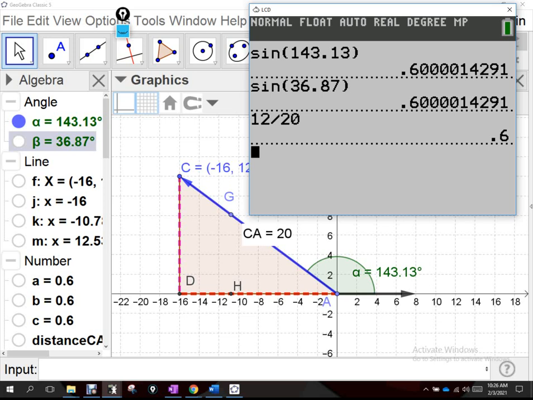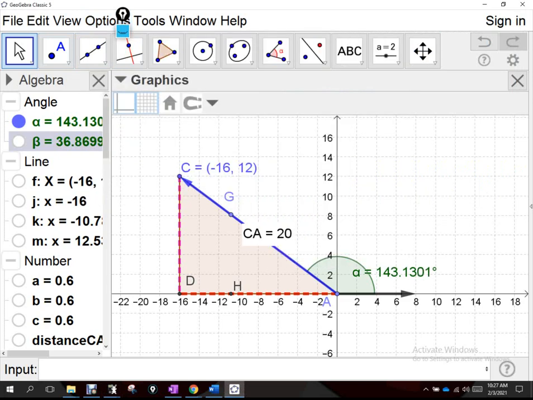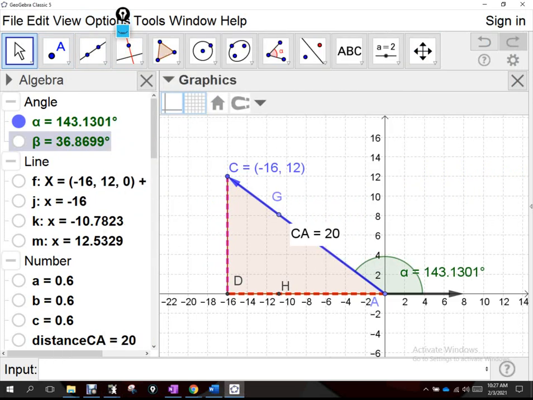Now, rounding error is the issue here, because the top two, sine of 143.13 and sine of 36.87, are 0.60000 with about 4 zeros, right? So that's pretty close to 0.6. If I were to just add a couple more decimals of precision, we should be able to see.